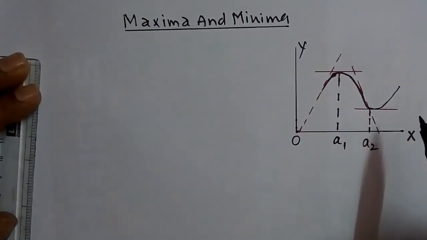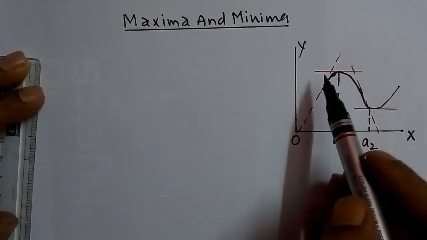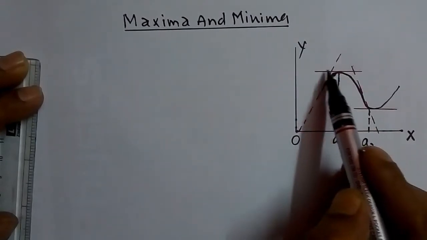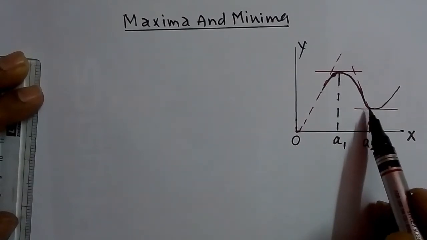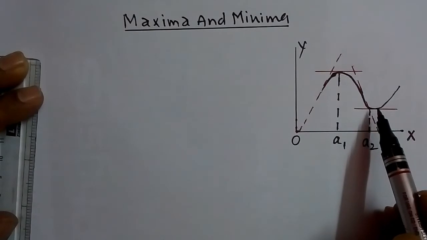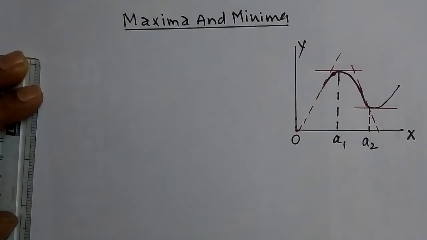Why am I saying at a1 there is a maximum value? Because you can see a tangent drawn at the peak and this tangent is parallel to the x-axis. Similarly, there is another tangent at the minimum value a2, which is also drawn parallel to the x-axis.